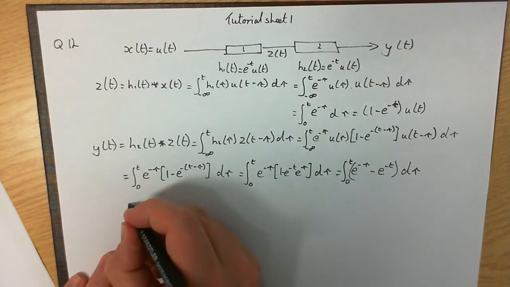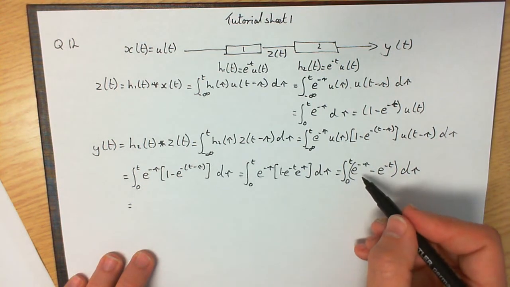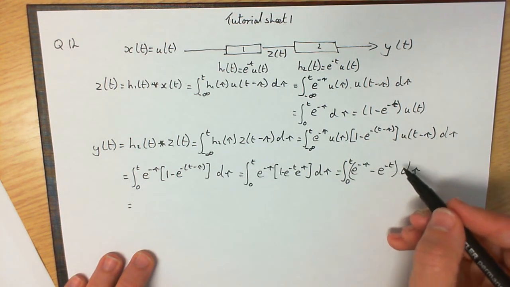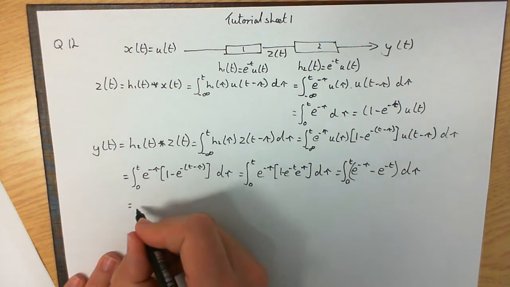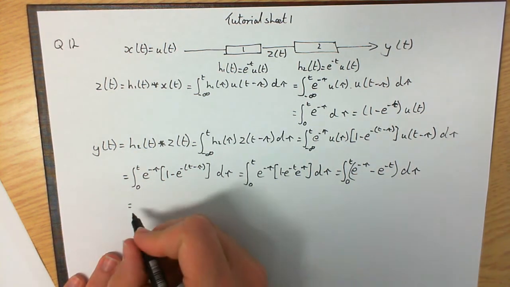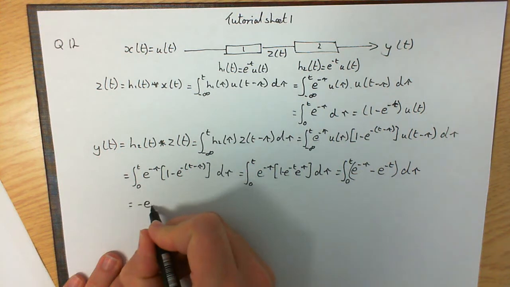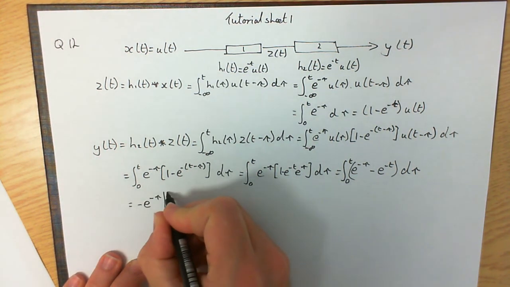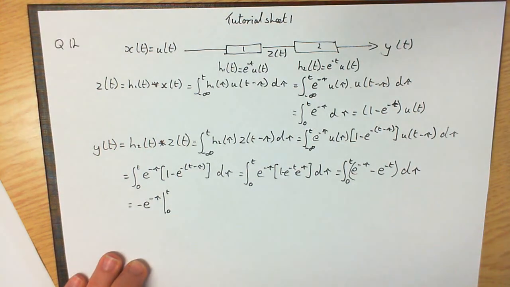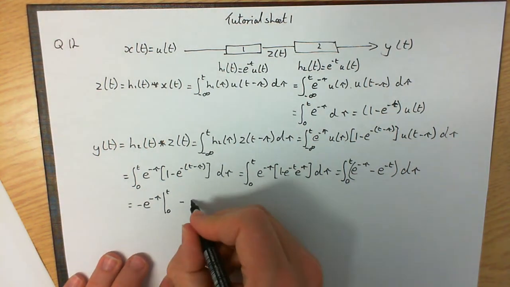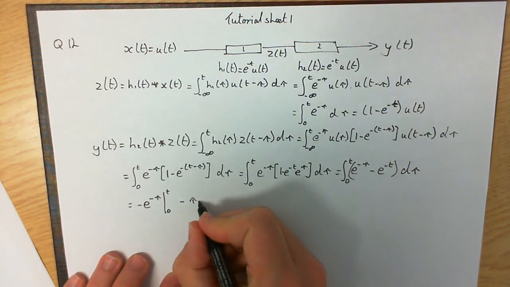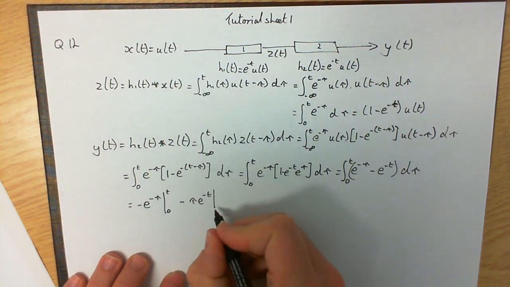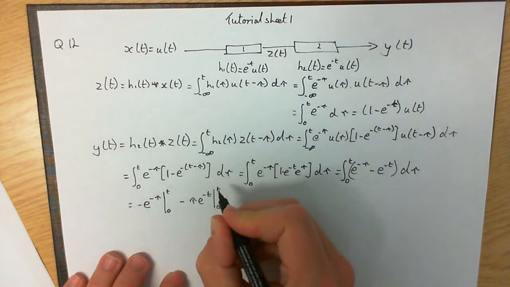If we do that integral, we can split the two integrals up, so we integrate this function and this function separately. If we integrate the first function, we get minus e to the minus tau between the limits of 0 and t, and minus tau e to the minus t between the limits of 0 and t.